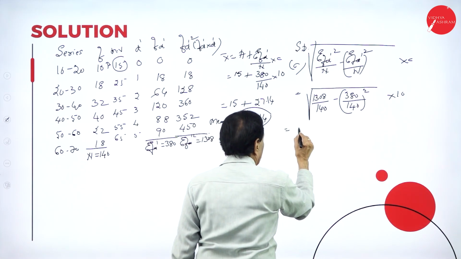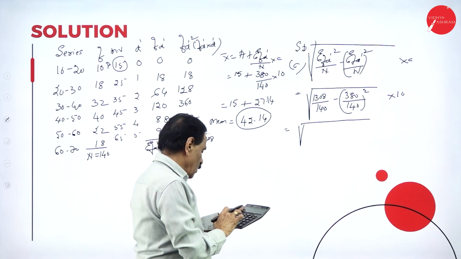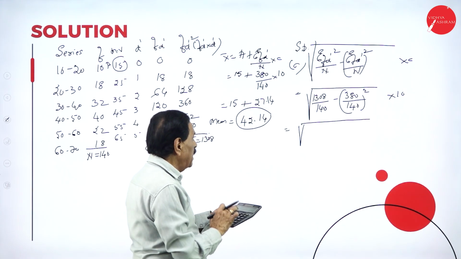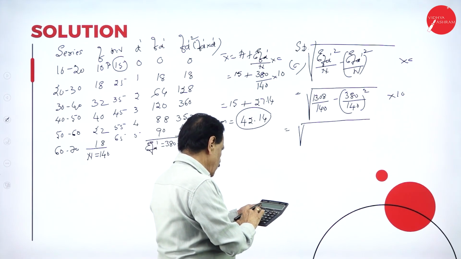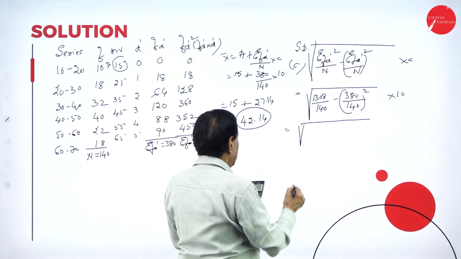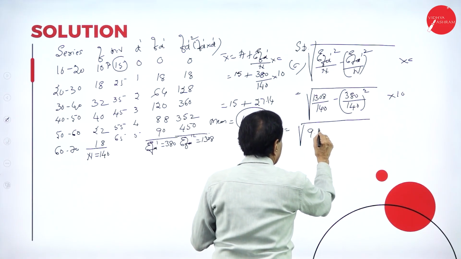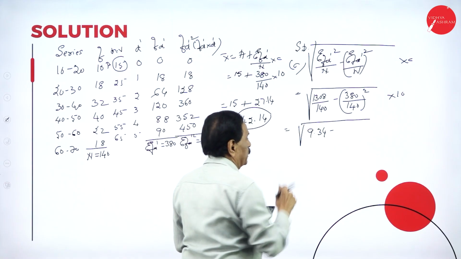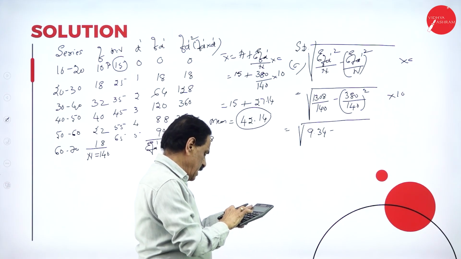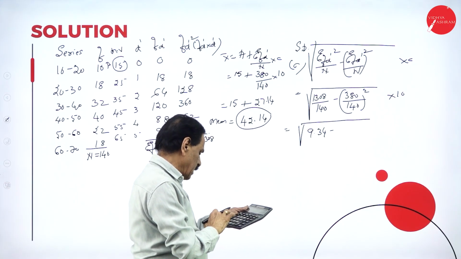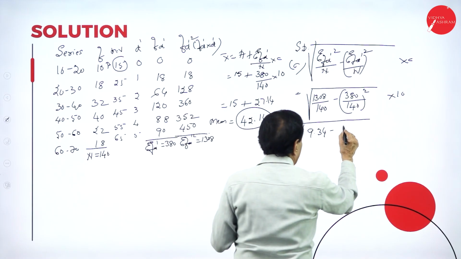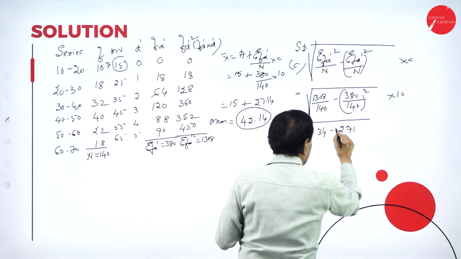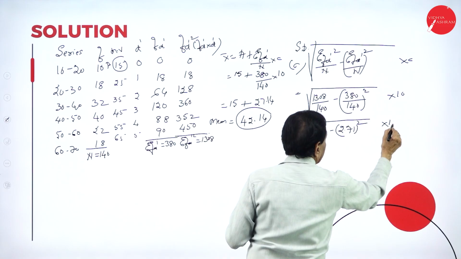Simplify. Root of 1308 divided by 140, which is 9.34, minus 380 divided by 140, which is 2.71, whole square, into 10.